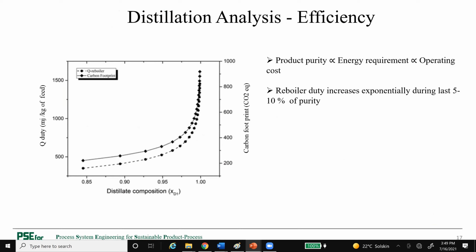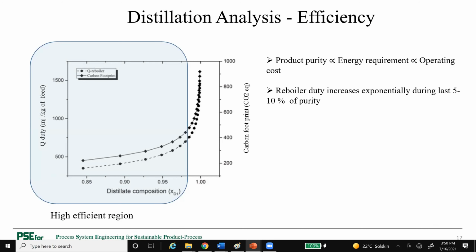On the curve that you see, as we go along with purity, the higher purity product we want, the reboiler duty increases. So distillation cannot be that efficient if we want very high purity product. So we see that up to a certain point, distillation is the best. You cannot replace it with anything else. But after a certain purity, the amount of energy required is very high. So nearly 80% of the energy is used in the inefficient part.